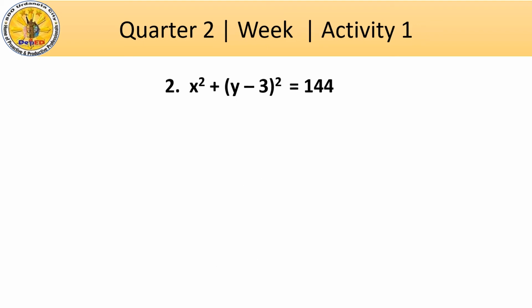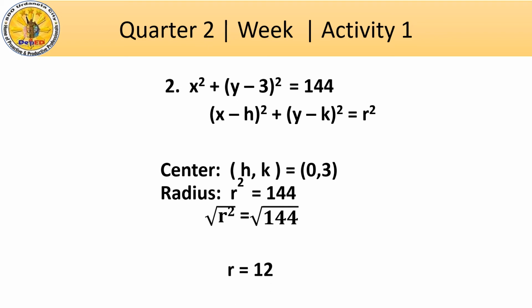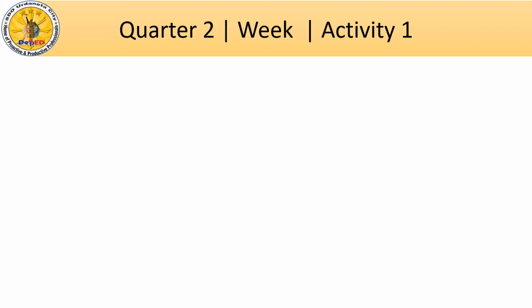Number 2, we have the equation x squared plus the quantity y minus 3 squared is equal to 144. Using your standard form of the equation, we have the center h, k is equal to 0, 3, and the radius is equal to 12.